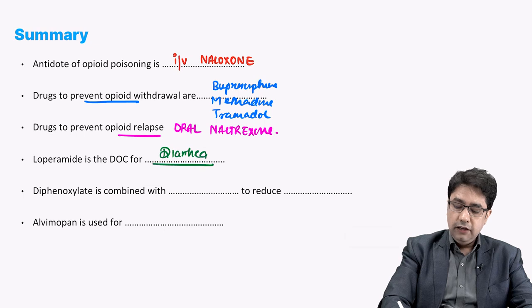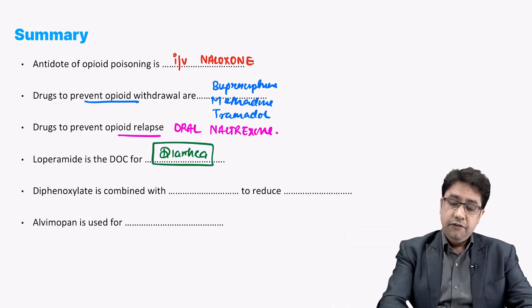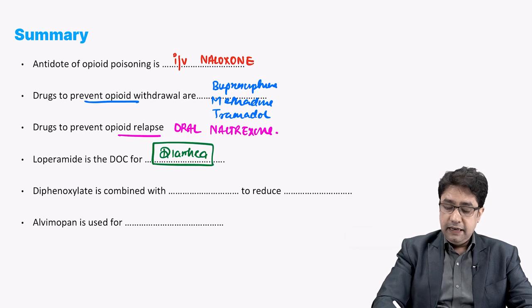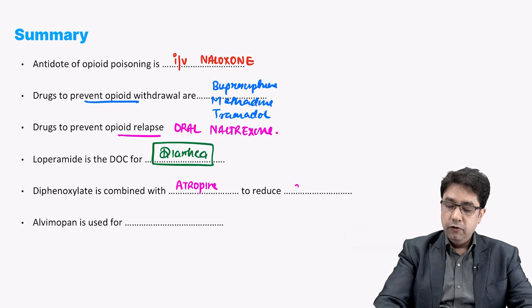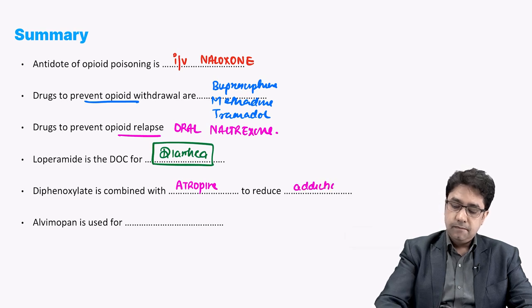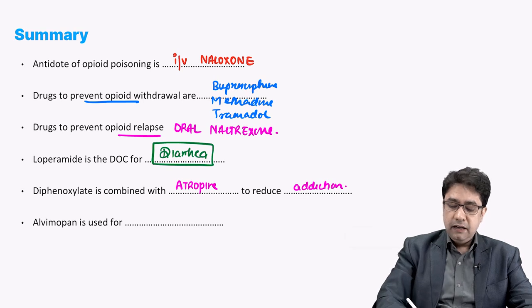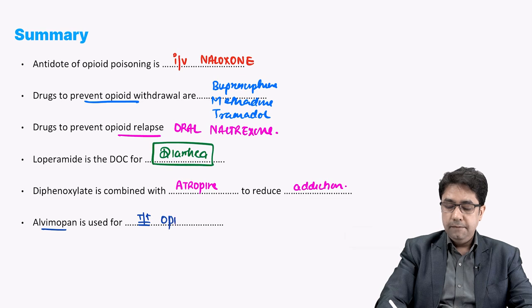Why? Because it's a non-addictive opioid. While diphenoxylate is an addictive opioid. It is combined with atropine to reduce addiction. And Alvimopan, a new drug, is given for the treatment of opioid-induced constipation.